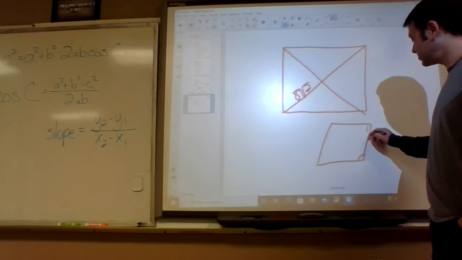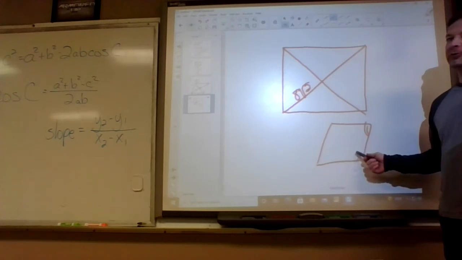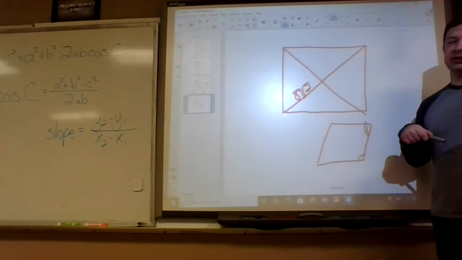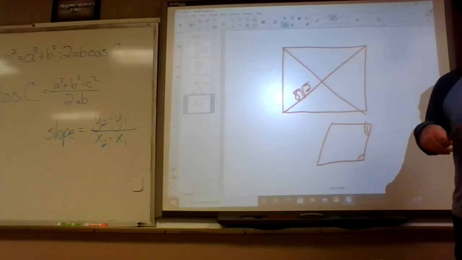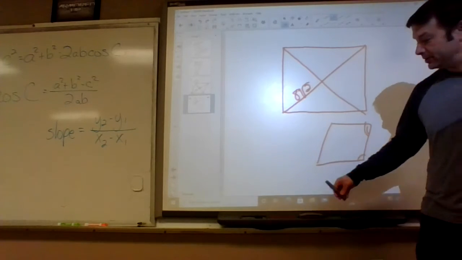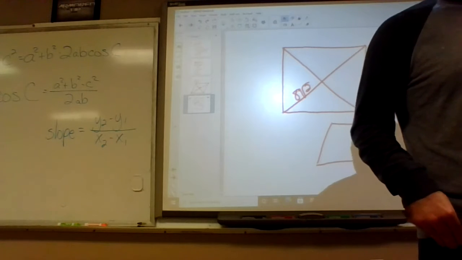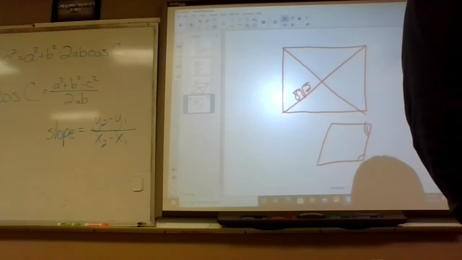No. Sometimes. A square is a type of rhombus, so sometimes. Normally, no, but if the rhombus also happens to be a square, then yes, those would be congruent. See why these are tricky?